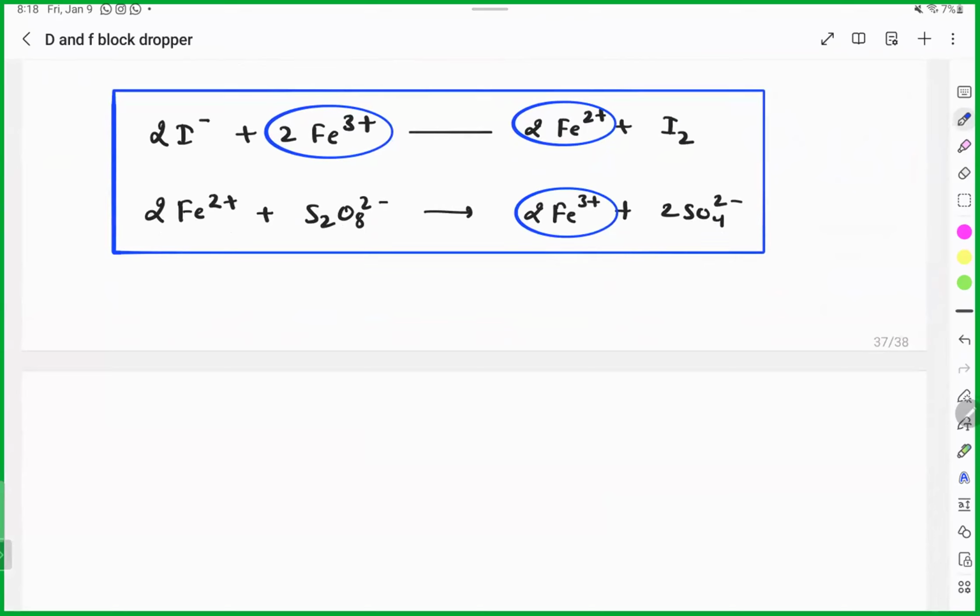Okay, so catalytic power is done. Next is D block element from interstitial compound. Interstitial compound. Barinder, what do you mean by interstitial compounds?